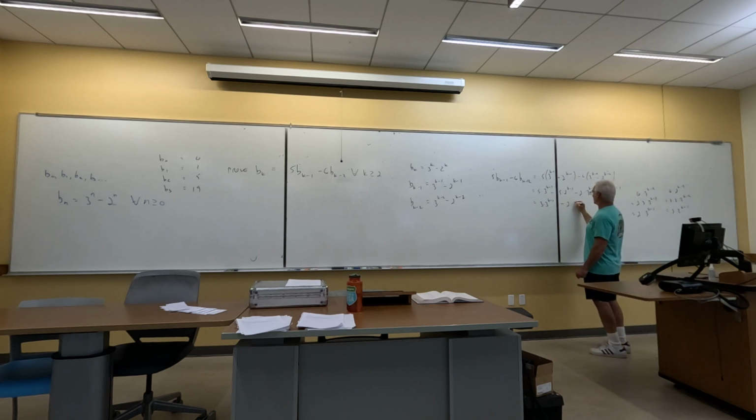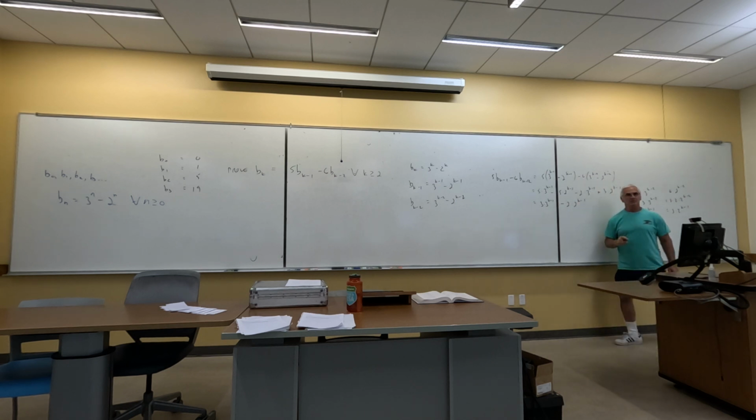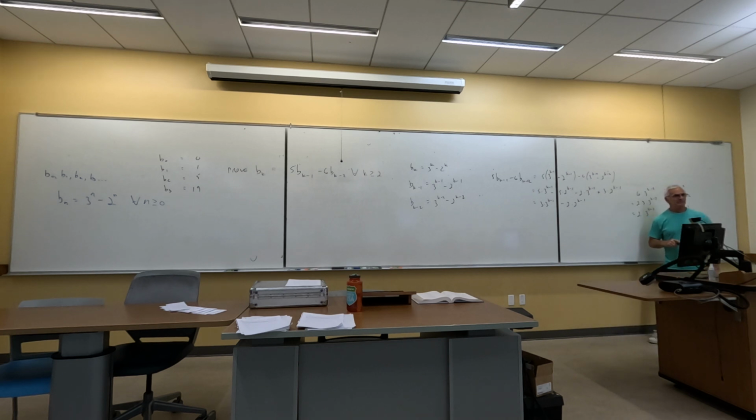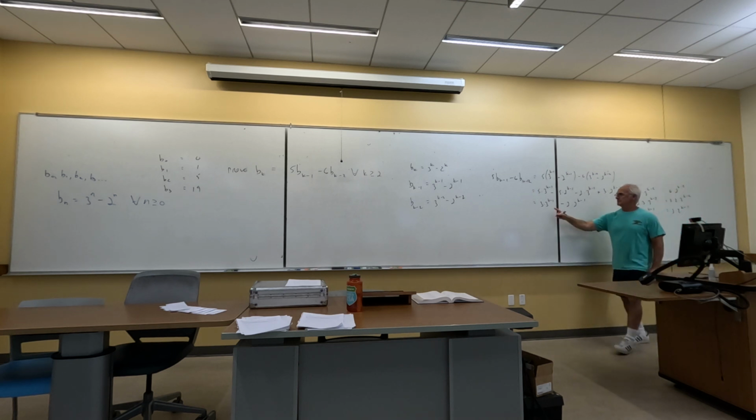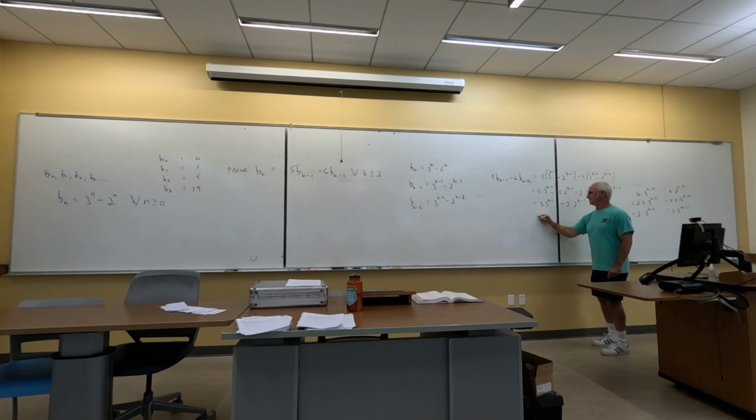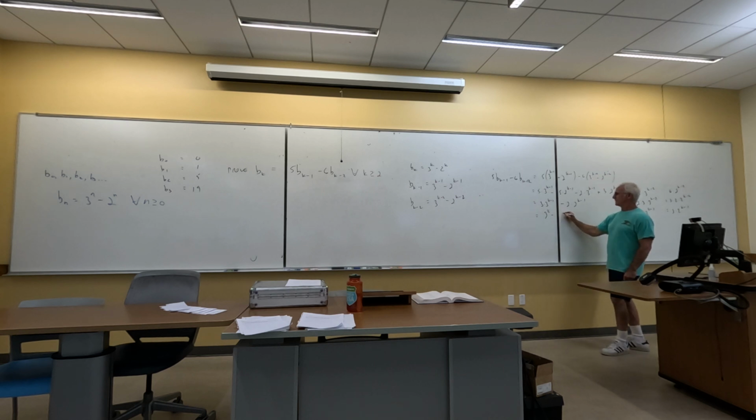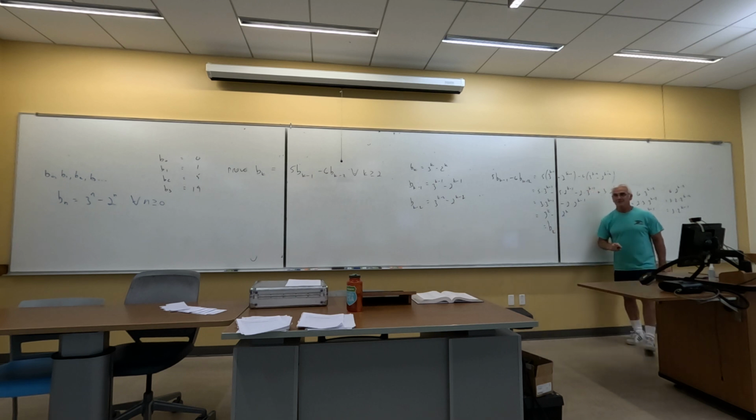I believe that would be minus 2, 2 to the k minus 1s. Yes? What do you think? Just 3 to the k. And how about the next one? 2 to the k. And is that equal to the definition?